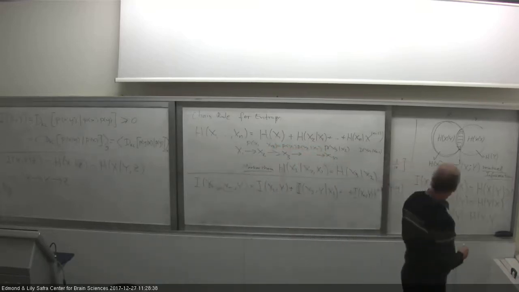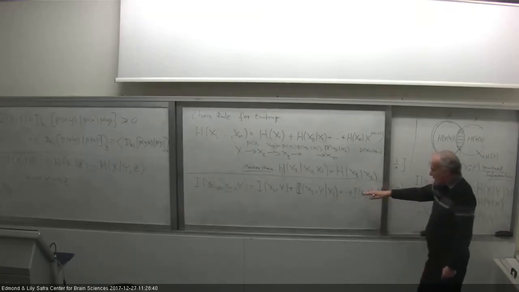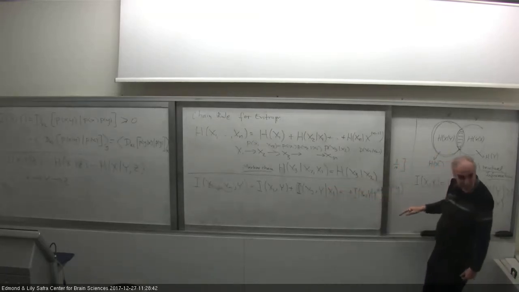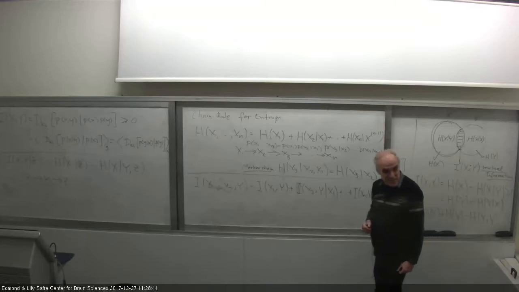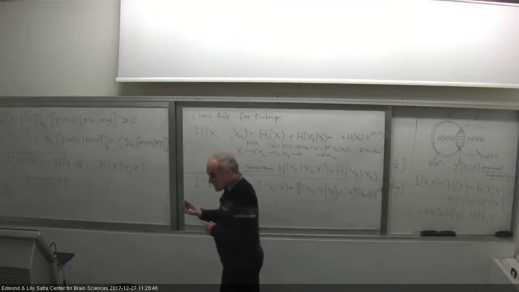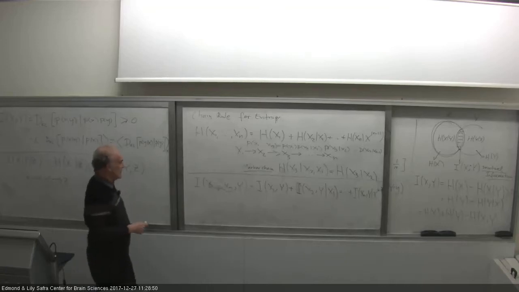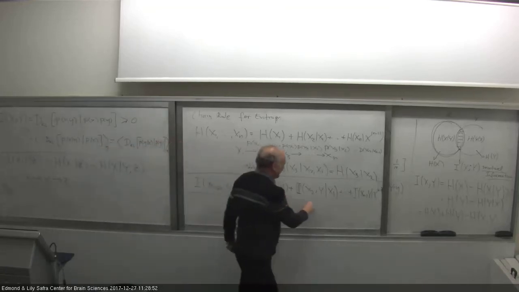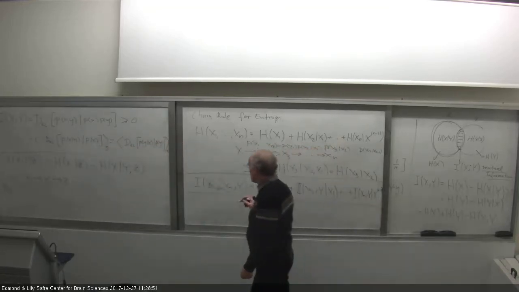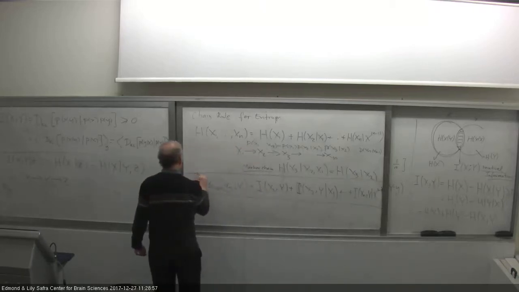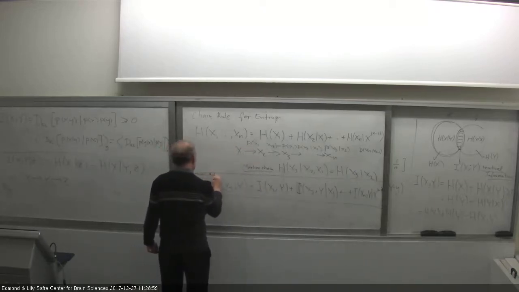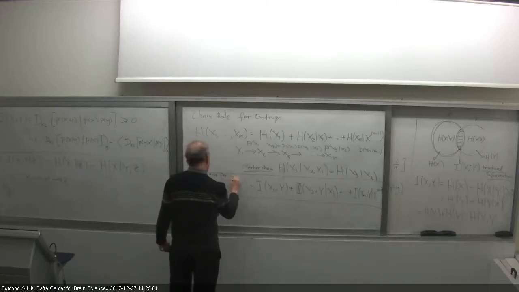So you already see from here that these either go down and converge to 1, let's say, in the entropy of y, or they can fluctuate in signs. They can do all sorts of funny things. Now, this is still true. By the way, this is a chain rule for information, or mutual information.